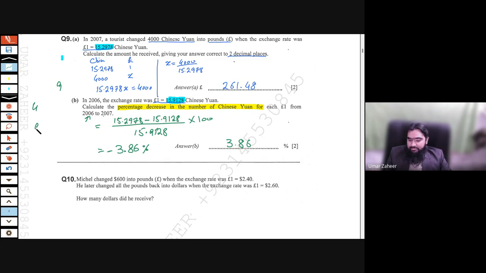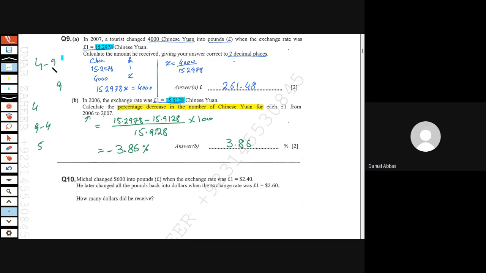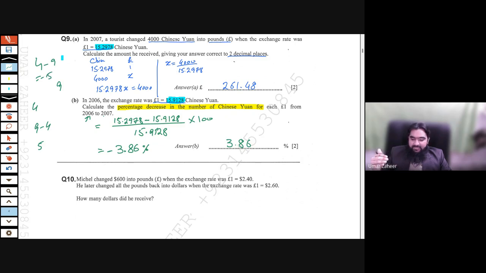Obviously you will do 9 minus 4, that is 5, or 4 minus 9, that is minus 5. So minus 5 just shows that one value is bigger and the second one is smaller. It does not affect the percentage. So if you have to write the final answer, you write it as the opposite of the sign. Okay? Yes, sir.